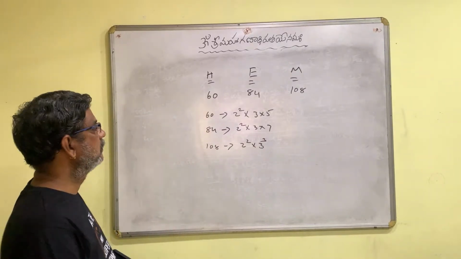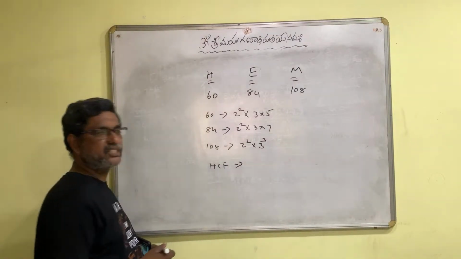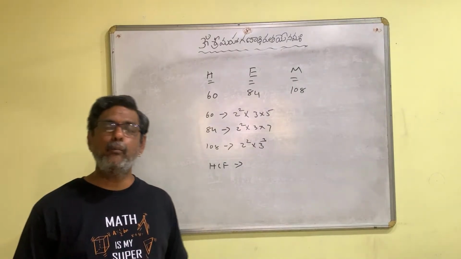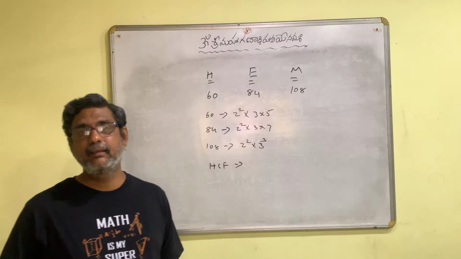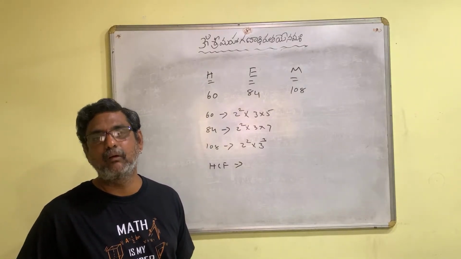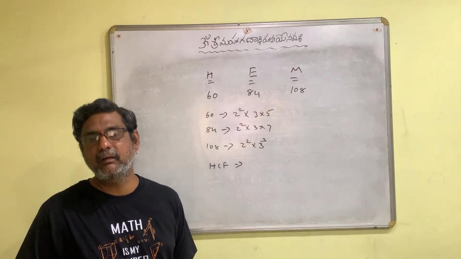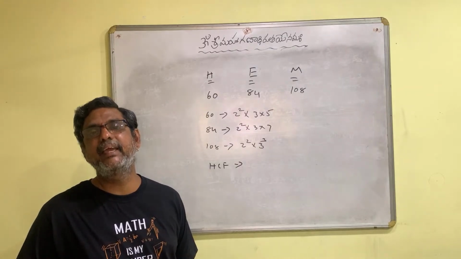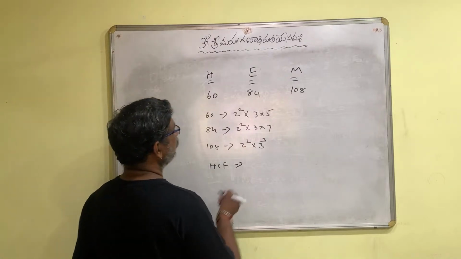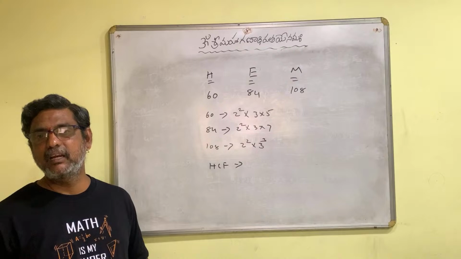Now, HCF means we are going to find out in each room how many participants will be accommodated. That means the highest number of participants in each room. That is HCF. I told you HCF is nothing but common factor with the least power.